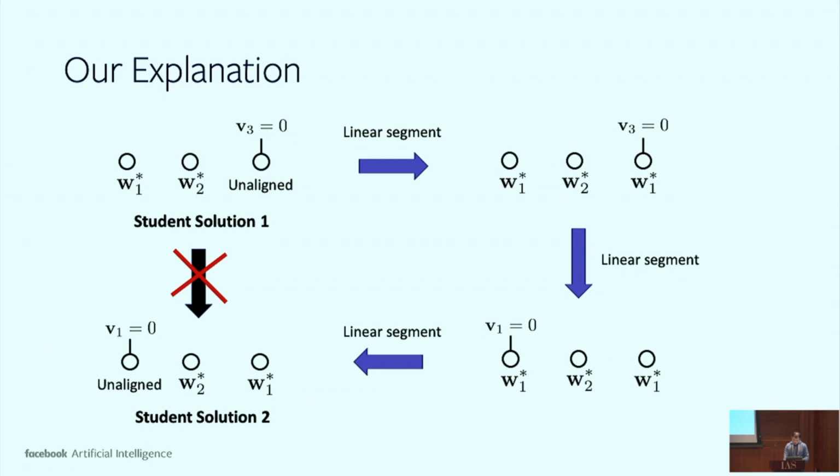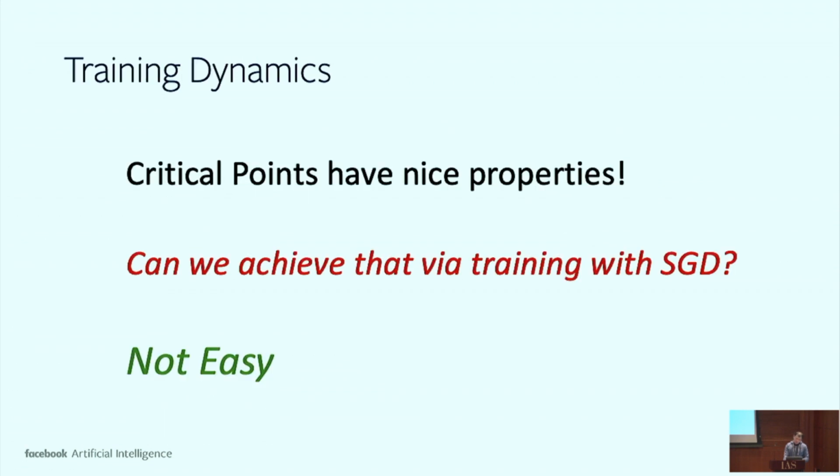Okay, the second part is the training dynamics, but here I'm going to be a little bit faster because there's another component that we want to discuss. First of all, these critical points look pretty nice, but can we achieve them via training with SGD? I think the answer is not easy.